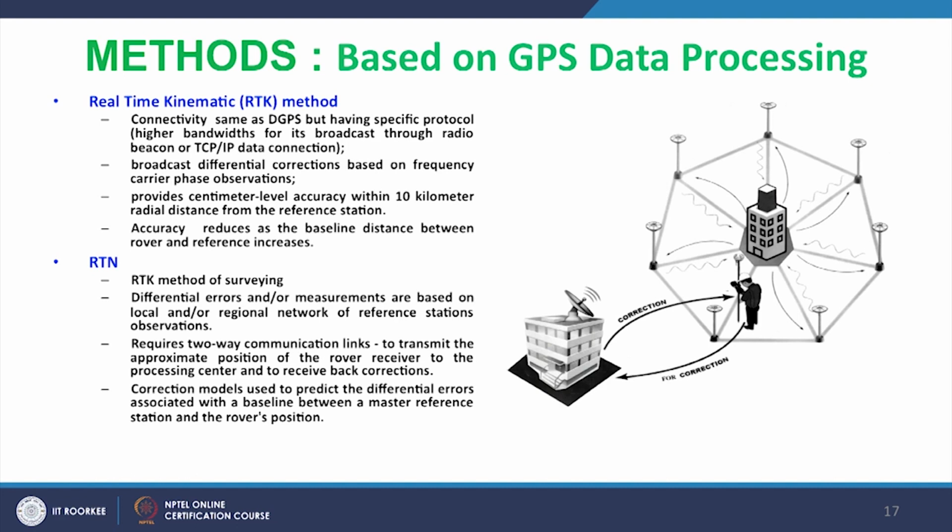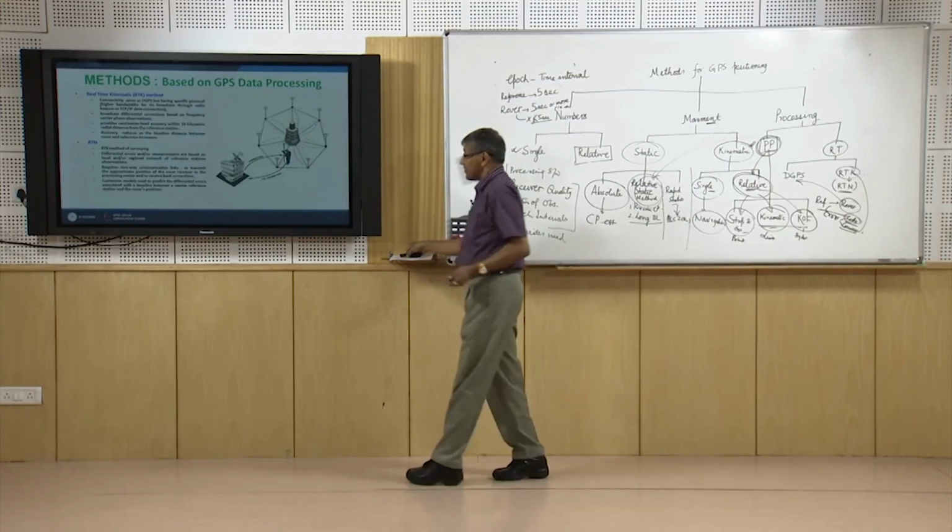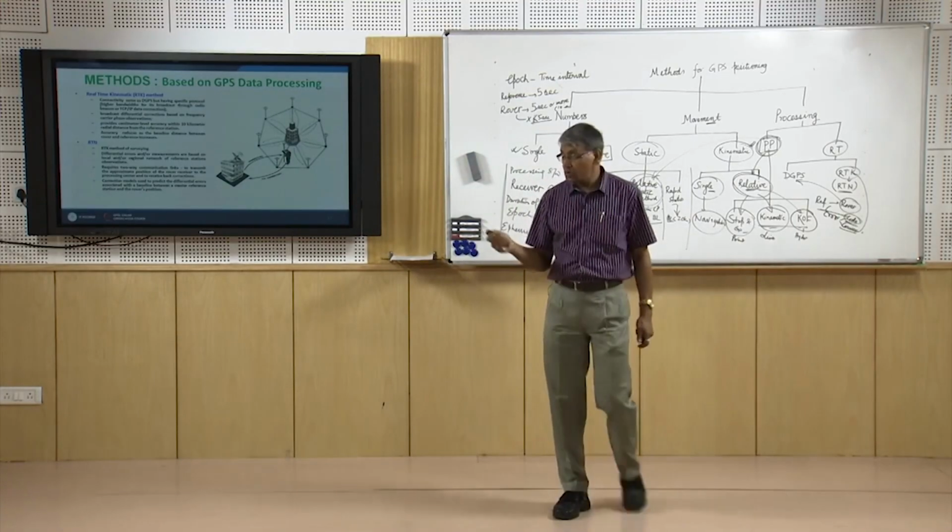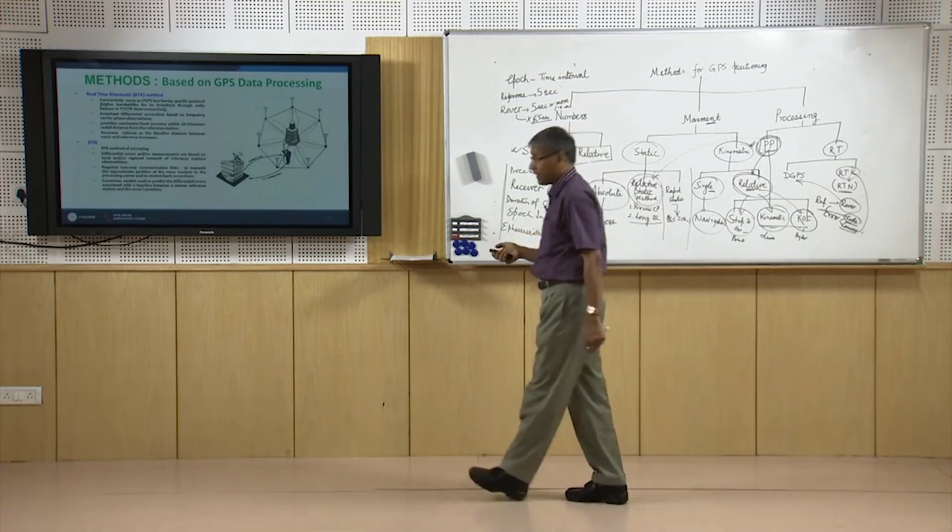The rover will also provide its position data for correction, and all this information will go to the central server, which will process all the data and provide the real time correction message to the rover position. So this is called real time kinematic in network mode, and it provides the best, most accurate real time positioning.